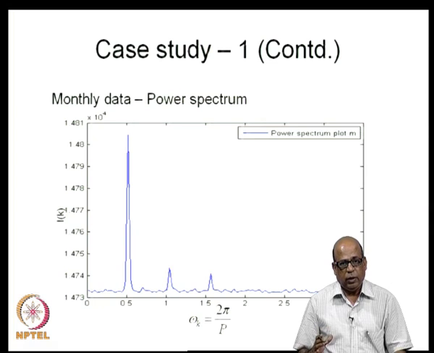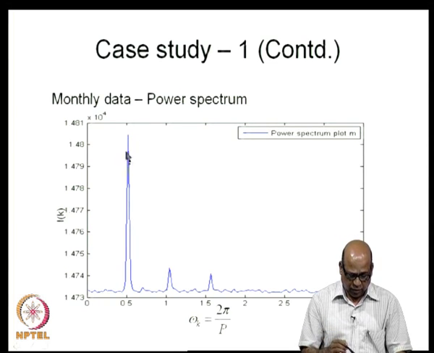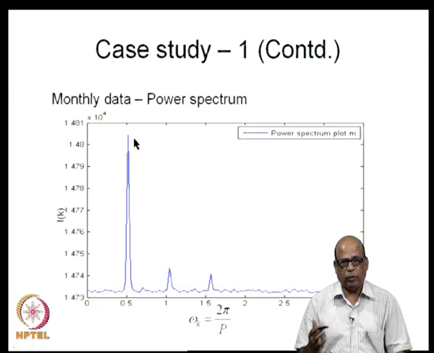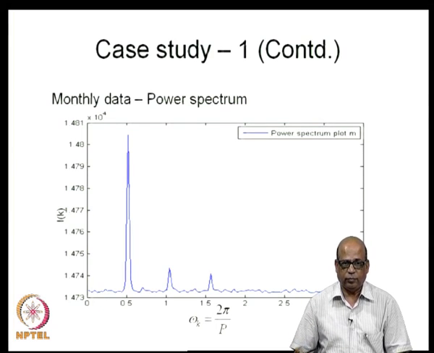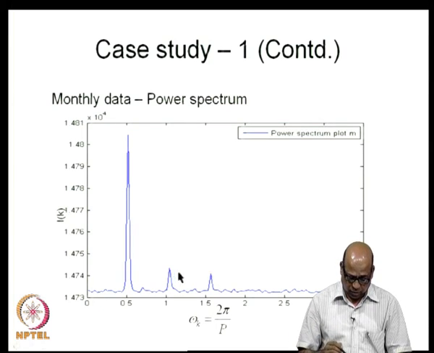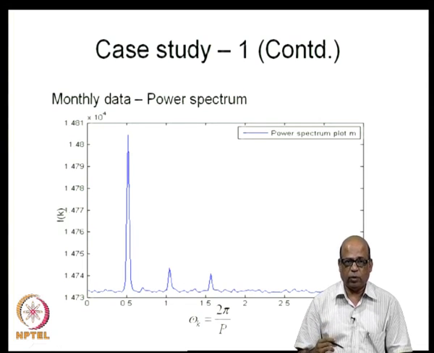So in the monthly data for Bangalore city, we observe that there is a periodicity of 12 months, which in a monsoon situation is quite common, where there is a regularity in the rainfall patterns. But it is not so intuitively clear why there should be a 4-month periodicity, or a 6-month periodicity and so on.